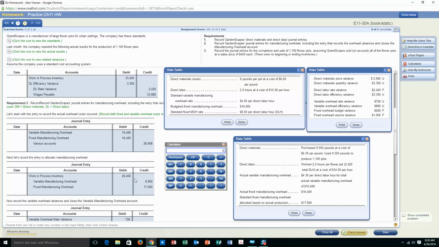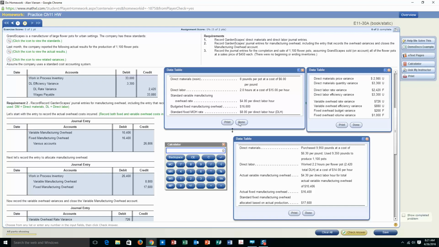And then underneath is where we allocate the overhead into the work in process. So the allocation is going to be the variable overhead of 8,800. That's 1,100 pots times the standard of 2 hours, or I should say over here the standard is $4 per direct labor hour.